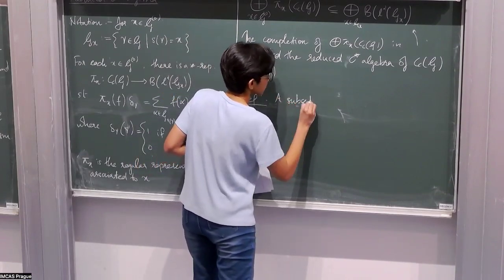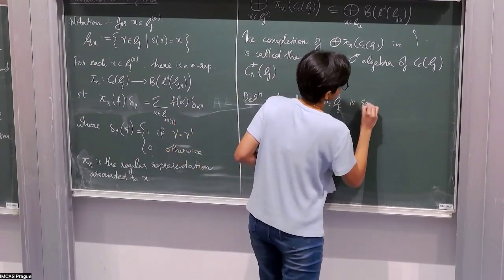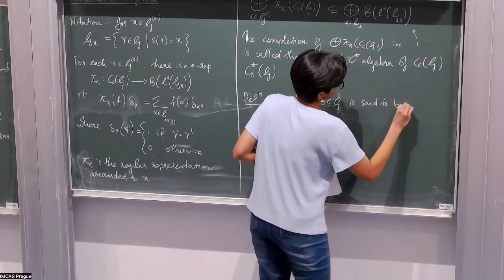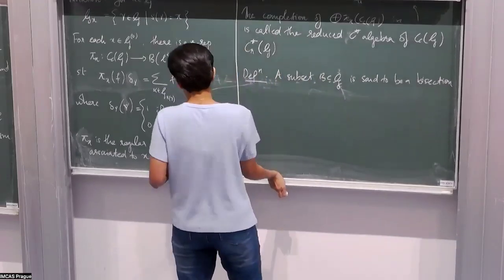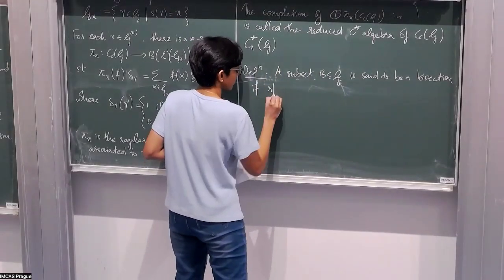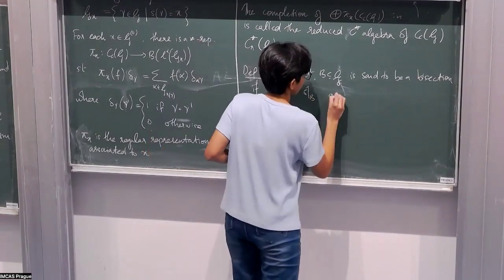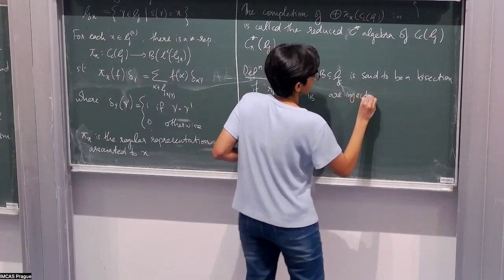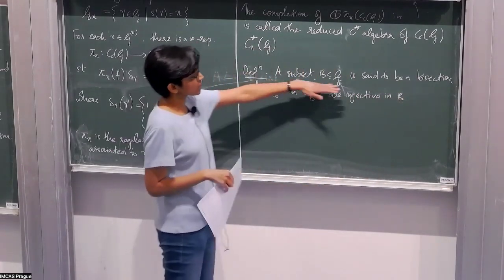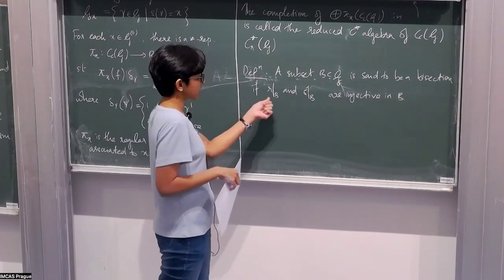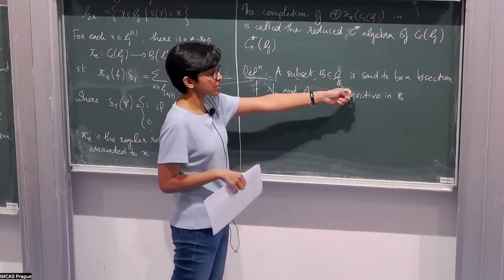A subset B in G is said to be a bisection if the restrictions of the range and source maps to B are injective, that is, invertible onto their images. So if we have a subset B of the groupoid such that the restriction of the range and source map to B are invertible, then it is called a bisection.